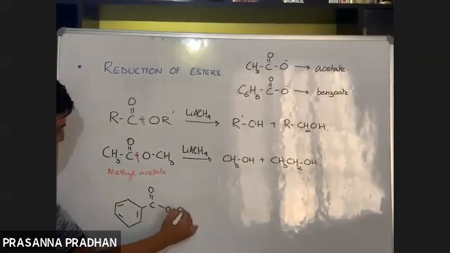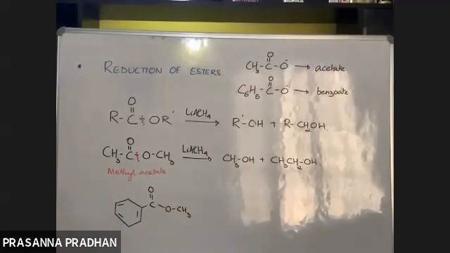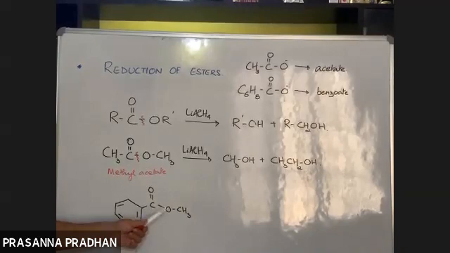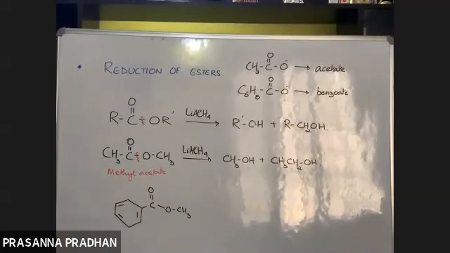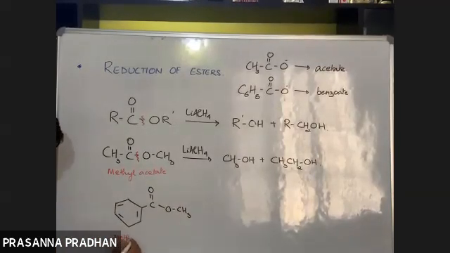What is the name of this compound then? This is the anionic part of benzoic acid, the benzoate. To the benzoate part, what is attached? Methyl. So what would be the name of this compound? It's methyl benzoate.